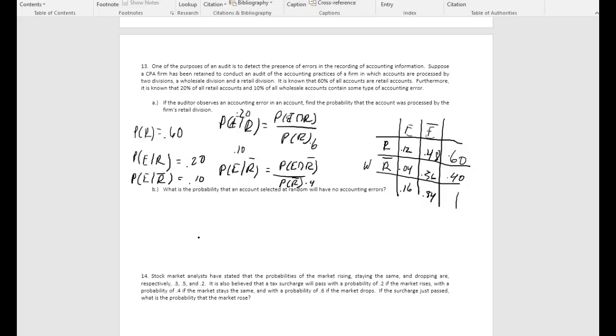So given that he observes an accounting error, the probability that the account was processed by the retail division is the probability of R given E. We know that's going to be the intersection of R and E over the probability of E. The intersection of R and E is 0.12, and the probability of E is 0.16. So that is going to be 0.75.